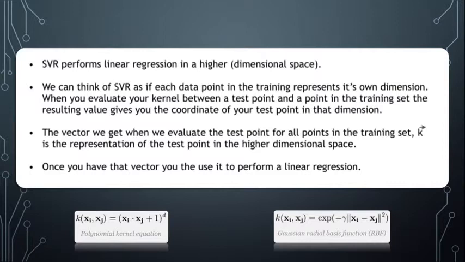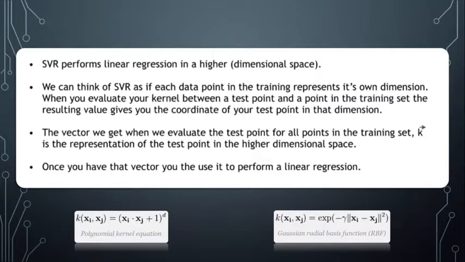So this is a polynomial kernel equation, and this is the most used one, the Gaussian radial basis function, which is the RBF function. These are some of the kernels that you can see, and these equations are used by support vector machines to interpret the data and to calculate the real values for the regression problem.